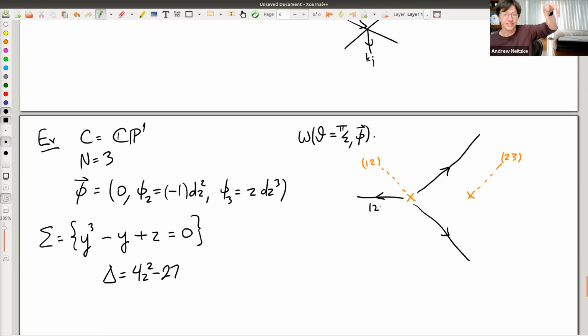This is a big singularity at infinity. And so the trajectories tend to go there. And so if I label them, those 3 go out like this. And then here go 3 more.